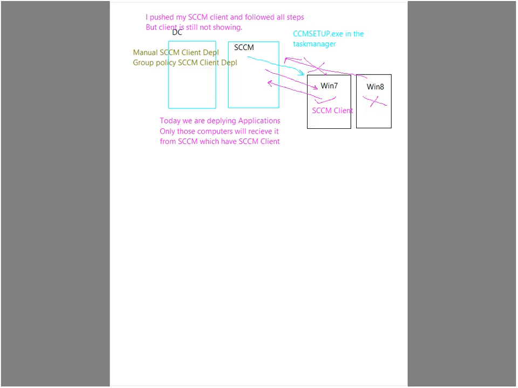Here we have DC, SCCM, and Windows 7, Windows 8. I think everyone is able to see. I just need to see the chat. I think I don't need the participants. So whenever I switch, these two just hide.